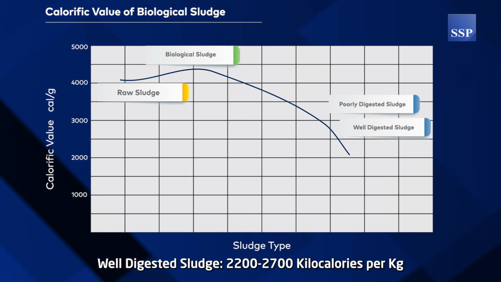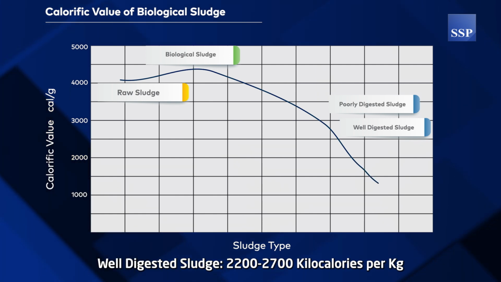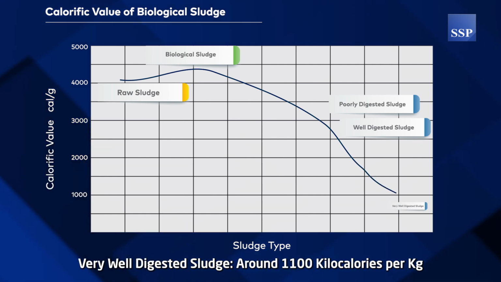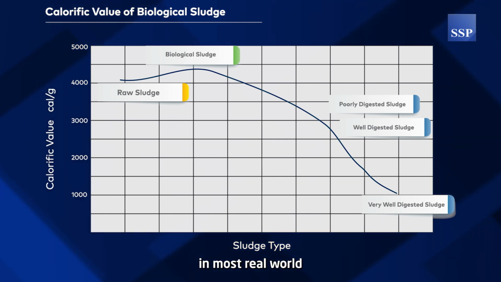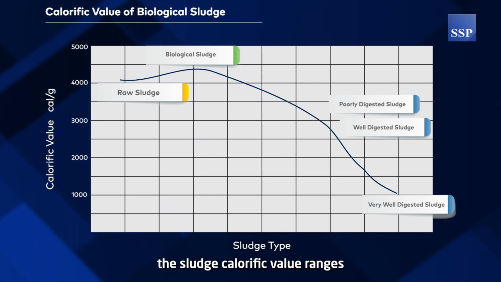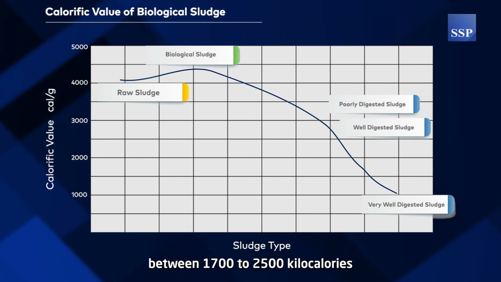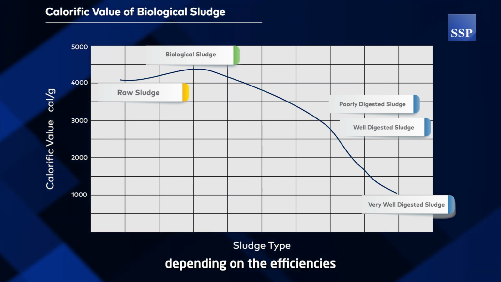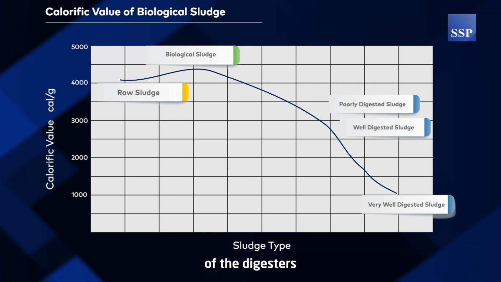Well-digested sludge, 2,200 to 2,700 kilocalories per kg. Very well-digested sludge, around 1,100 kilocalories per kg. In most real-world scenarios in the STP process with digesters, the sludge calorific value ranges between 1,700 to 2,500 kilocalories per kg, depending on the efficiencies of the digesters.